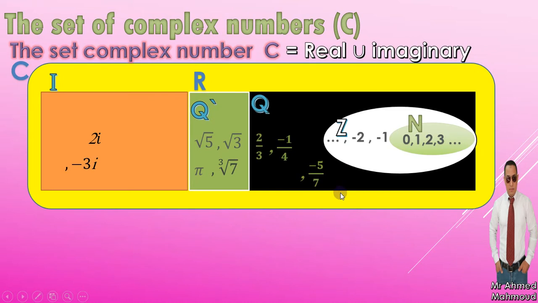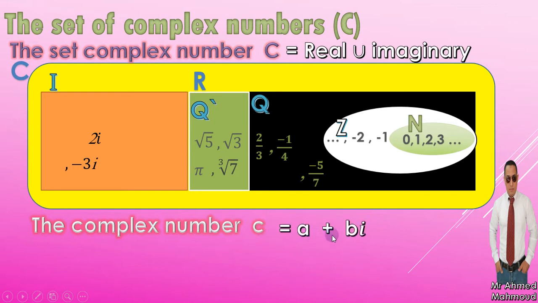Now we are going to study the complex number, denoted by small c. This number is formed from two parts, a plus bi, where a is the real part and b is the imaginary part. If a equals 0, then the number is called pure imaginary.